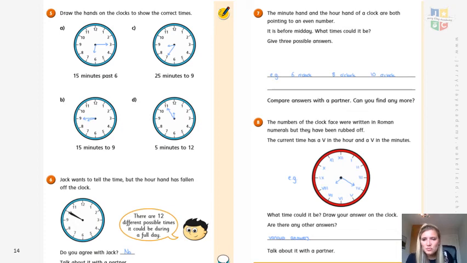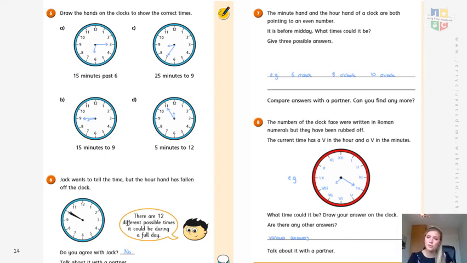Okay, number 8. The numbers of the clock face were written in Roman numerals, but they have been ruled off. The current time has a V in the hour and a V in the minute. If you were unsure about Roman numerals, I know we've not really done Roman numerals yet, but a clock will always look the same. The 12 will always be at the top, a 6 will always be at the bottom, a 3 will always be where your quarter past would be, and a 9 will always be on the other side.